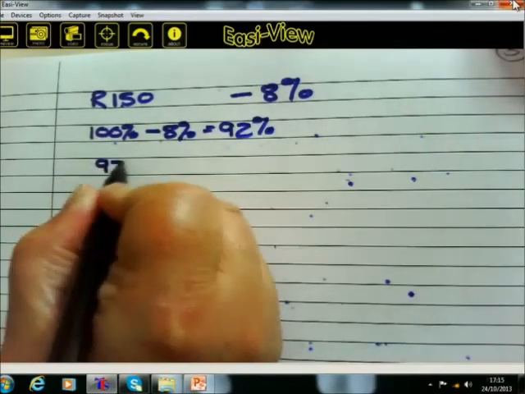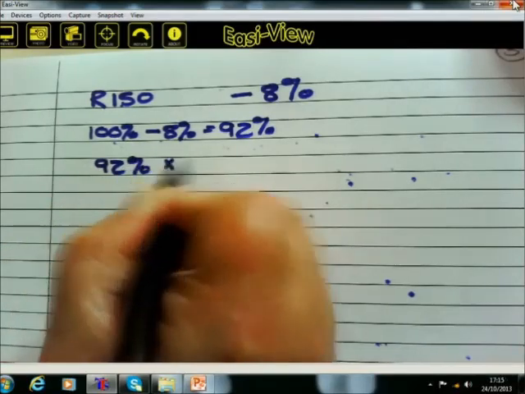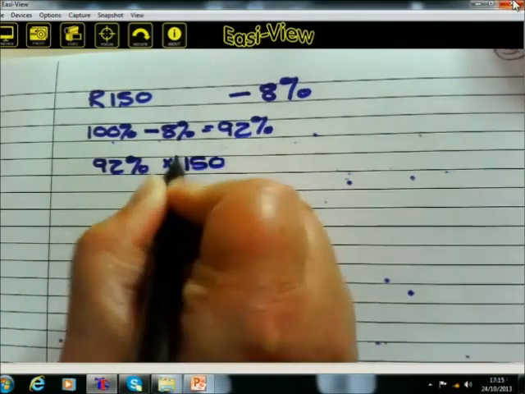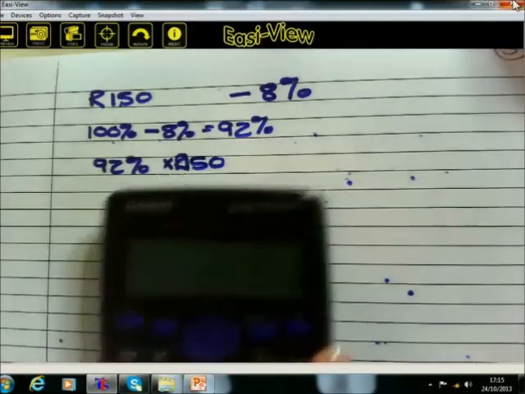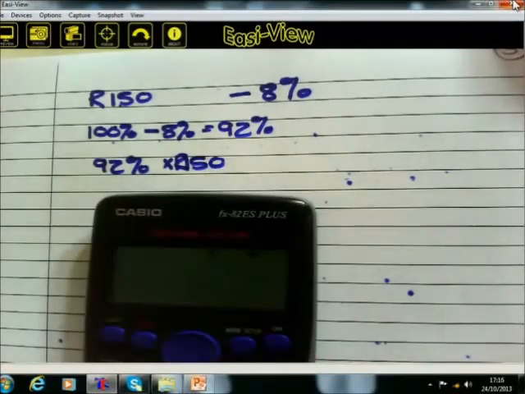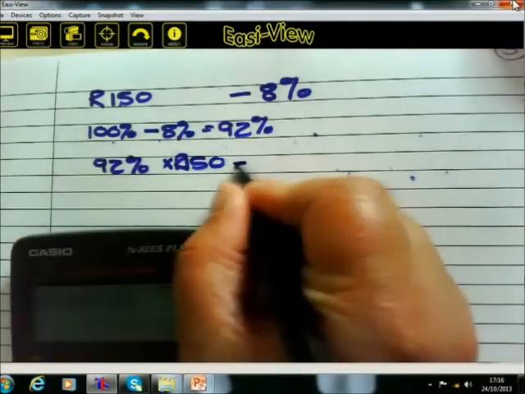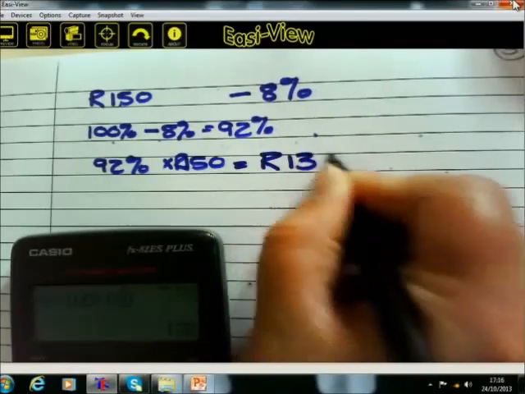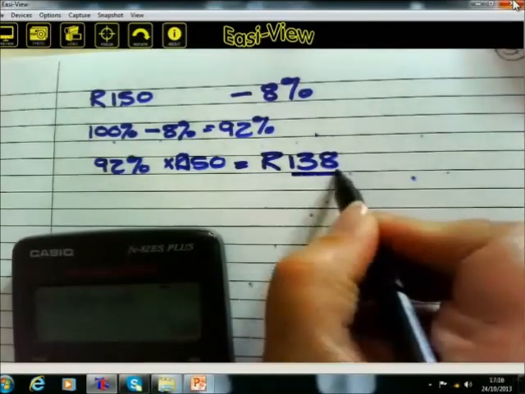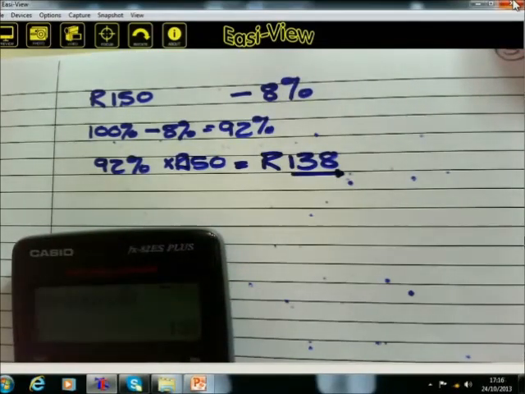So then 92% of the 150 Rand, and if I calculate that, remember it's percentage, 92 divide by 100 multiply by the 150 Rand of the price. And now the current value of that basket is 138 Rand.